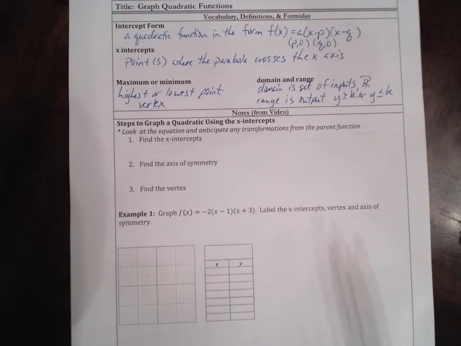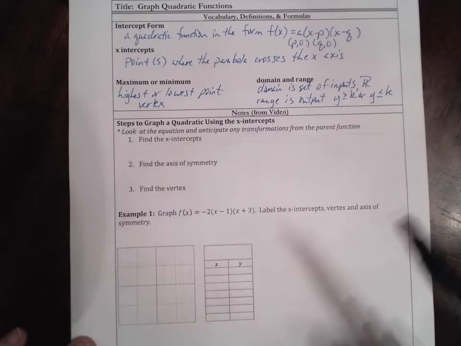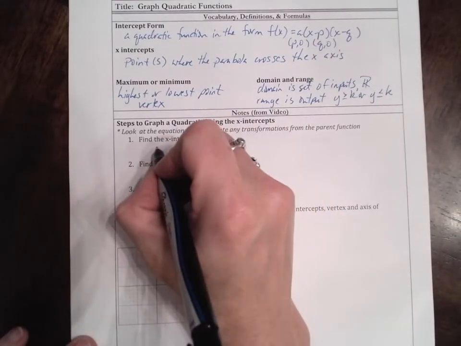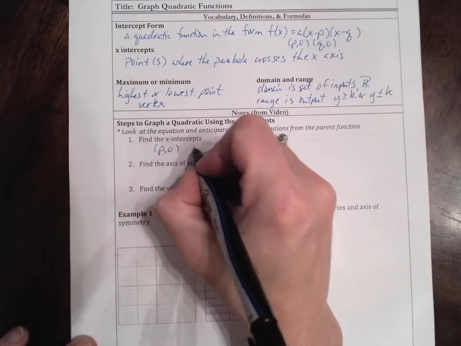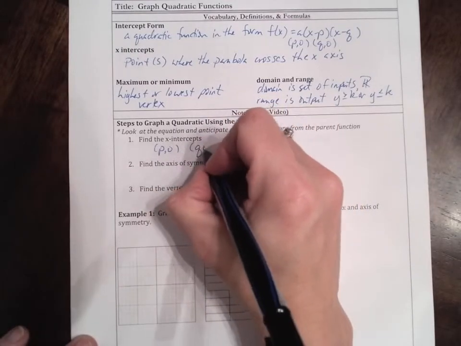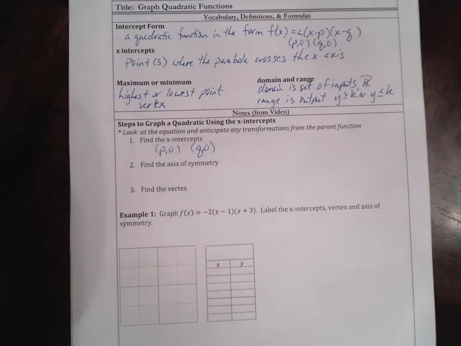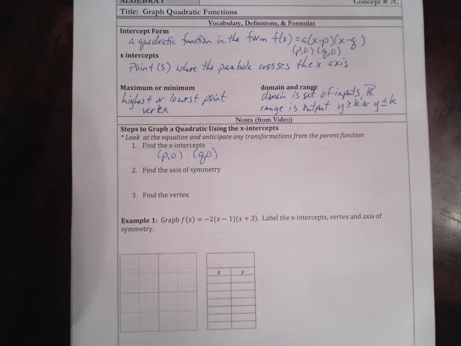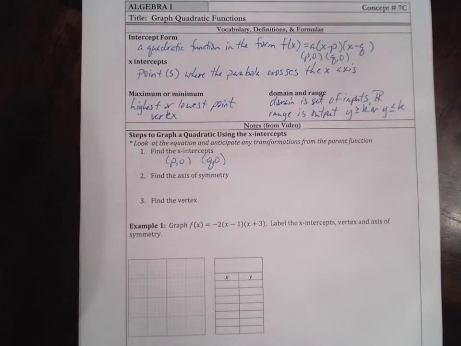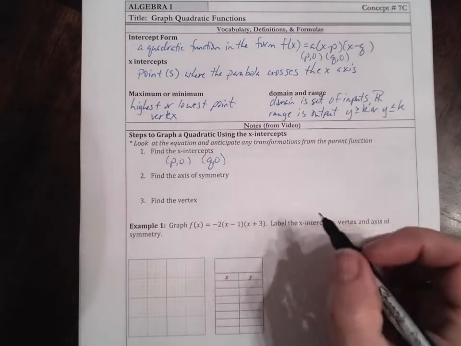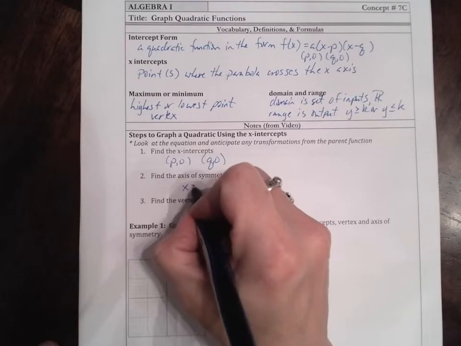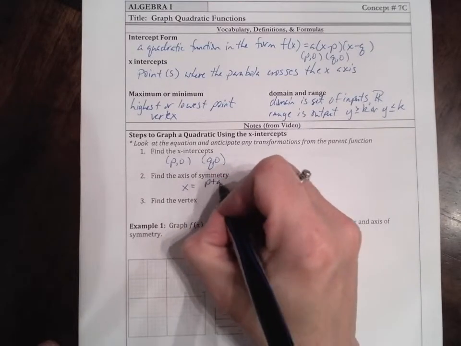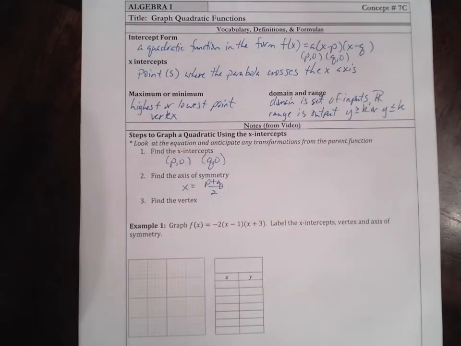So here are the steps to graph using x-intercepts. The first thing is we're going to find the x-intercepts. So you're just going to pick out p and q and establish those 2 points. Then you're going to find the axis of symmetry. That's in the middle of those 2 points. So to find that, you add up the p and q and you divide by 2.